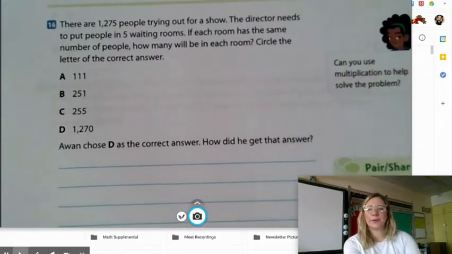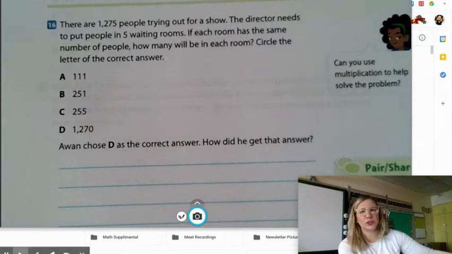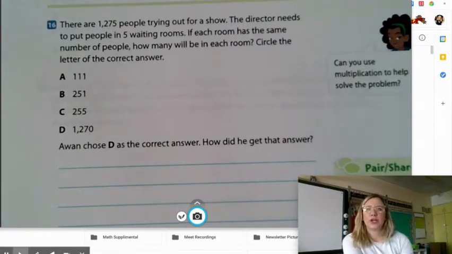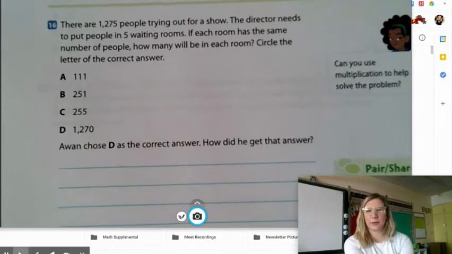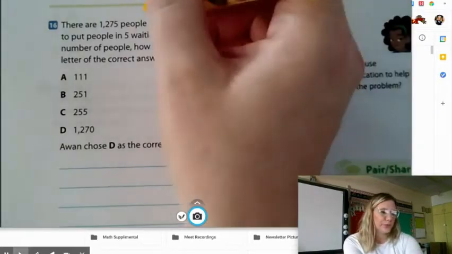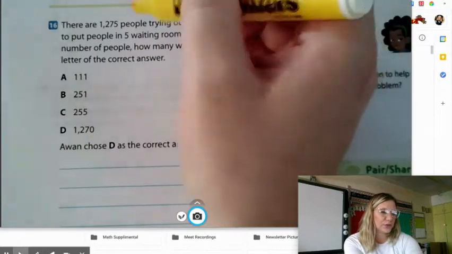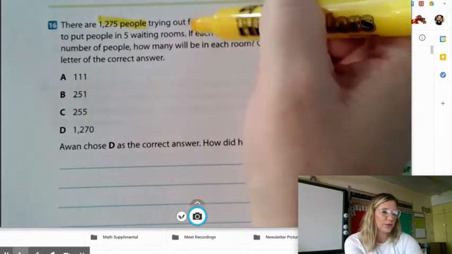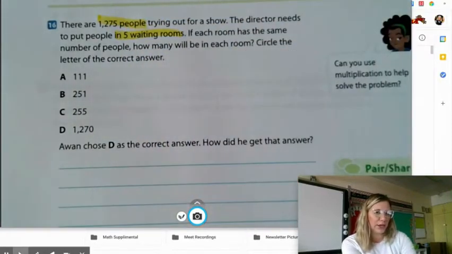All right, the last one. There are 1,275 people trying out for a show. The director needs to put people in 5 waiting rooms. If each room has the same number of people, how many will be in each room? Even though you only have to circle the answer, you still have to solve for it.